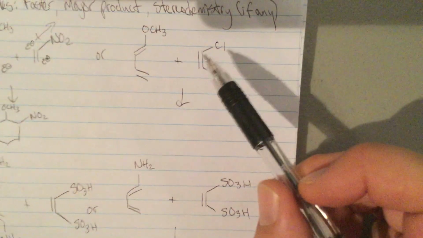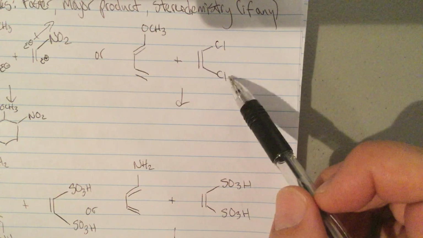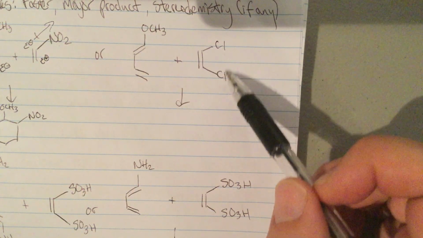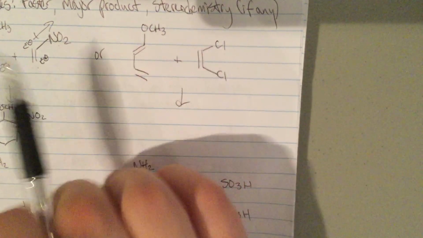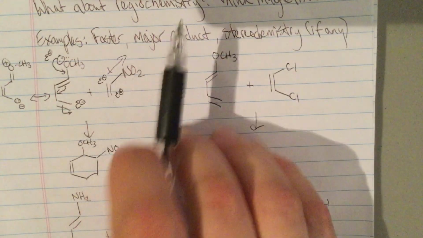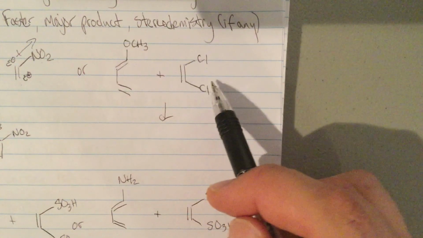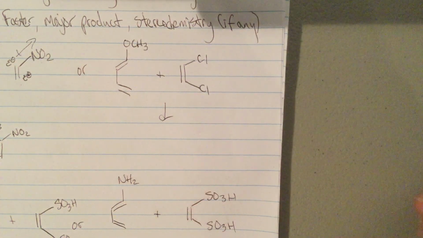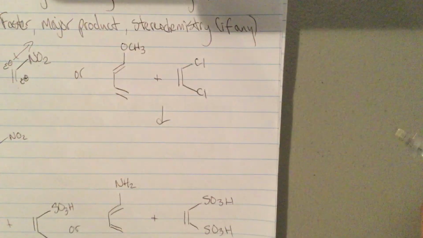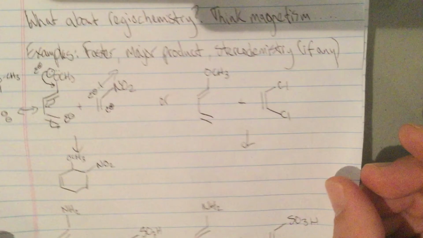Okay, so now we have 2 slightly electron withdrawing groups here, Cl. Remember, there was no stereochemistry with the previous one, but now there is actually stereochemistry. There is a cis dichloroethene dienophile. Sorry for the bump there.